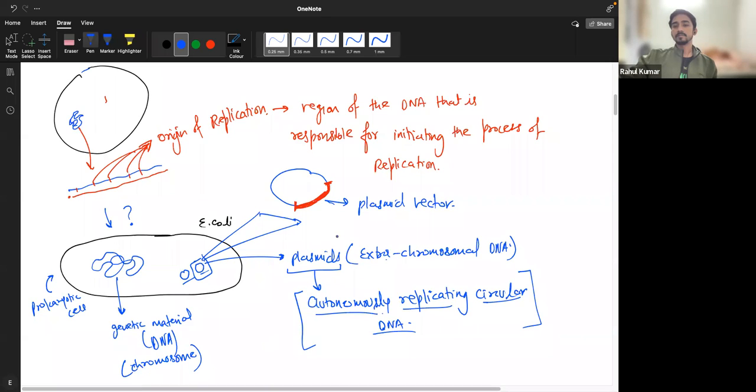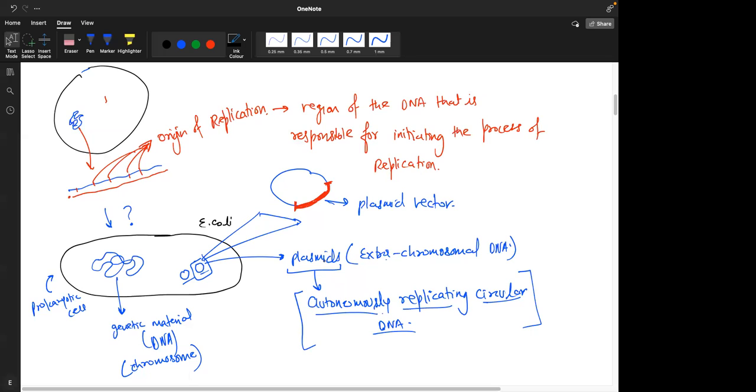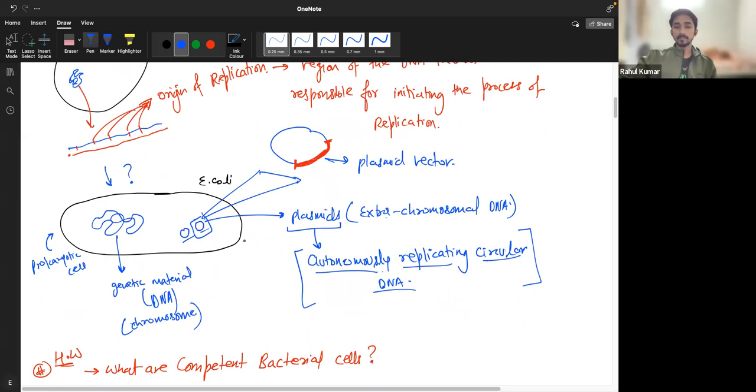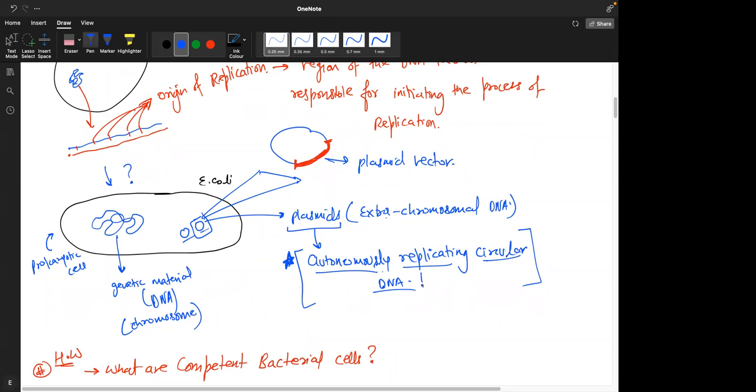Yes, Samaya, continue about plasmids. Then we started cloning of our gene of interest. Before cloning, did you tell about the special property of plasmid? Yes, they are autonomously replicating circular DNA.